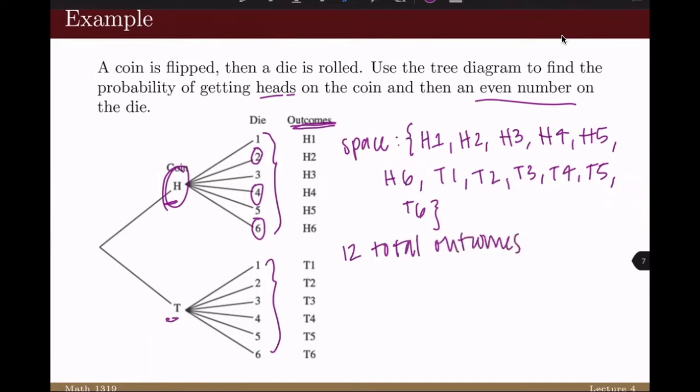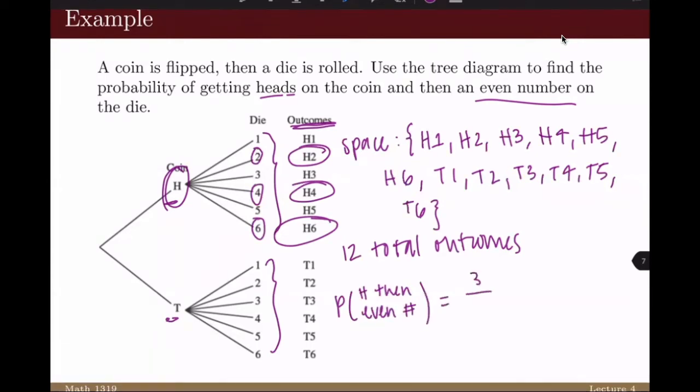How many events give us first heads and then an even number? It's going to be 1, 2, 3. So that means the probability of getting heads, then an even number is equal to 3 out of 12, which simplifies to a fourth.